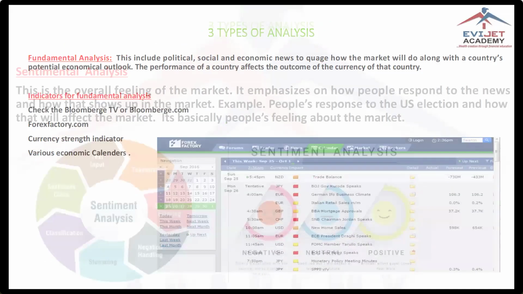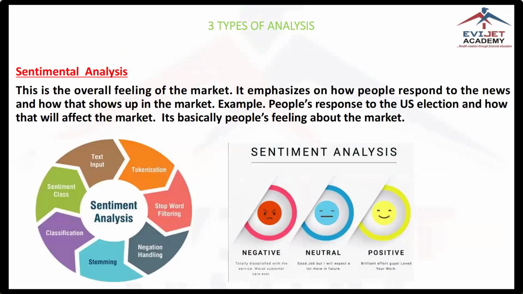So that's for fundamental. So now let's go to sentimental. What is sentimental? Sentimental is actually an outcome of fundamentals and how the people behave. So this is the overall feeling of the market. It emphasizes how people respond to the news and how that shows up in the market. Example, people's response to the US election and how that will affect the market.